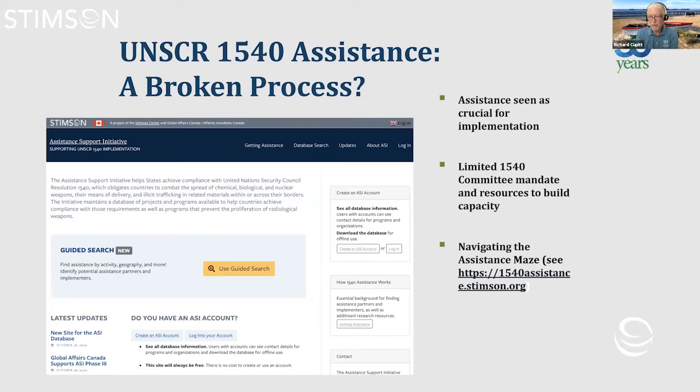The 1540 committee itself has a very limited mandate, and as I said, very limited resources to be able to do capacity building assistance itself. It can help in terms of writing reports and writing assistance requests and a few other things like that, but it's pretty limited.